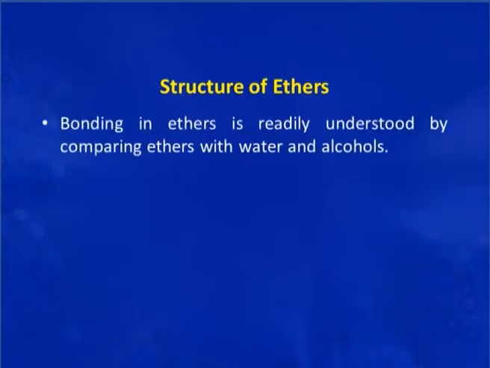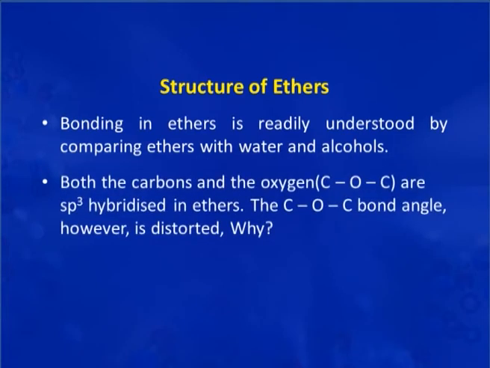We will now discuss the structure of ethers with respect to the hybridization of the individual carbon and oxygen atoms. The general formula of ether will have a COC bond angle. All three atoms, both carbons and the oxygen, are sp3 hybridized.